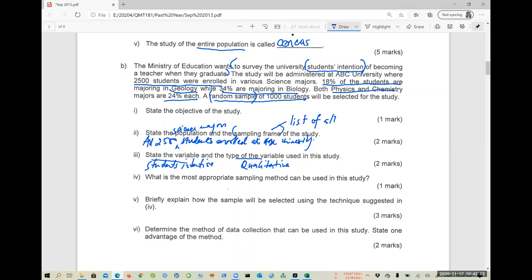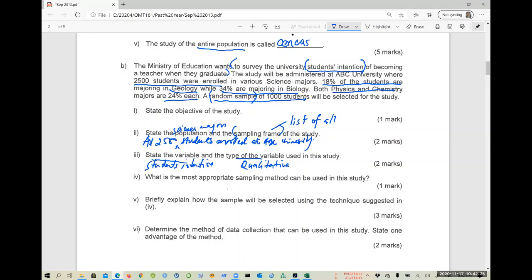Why? Because in order to use multi-stage, you need a second level of grouping. So that means you first group into a certain classification, and then under that particular classification, you extract more groups. So in this case, if I want to use multi-stage, maybe first I divide into the science majors: geology, biology, physics, chemistry, and so on.